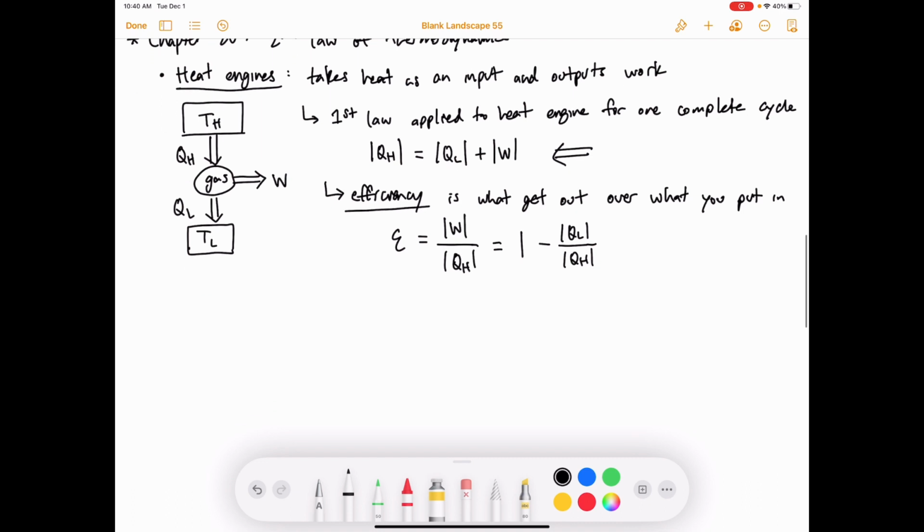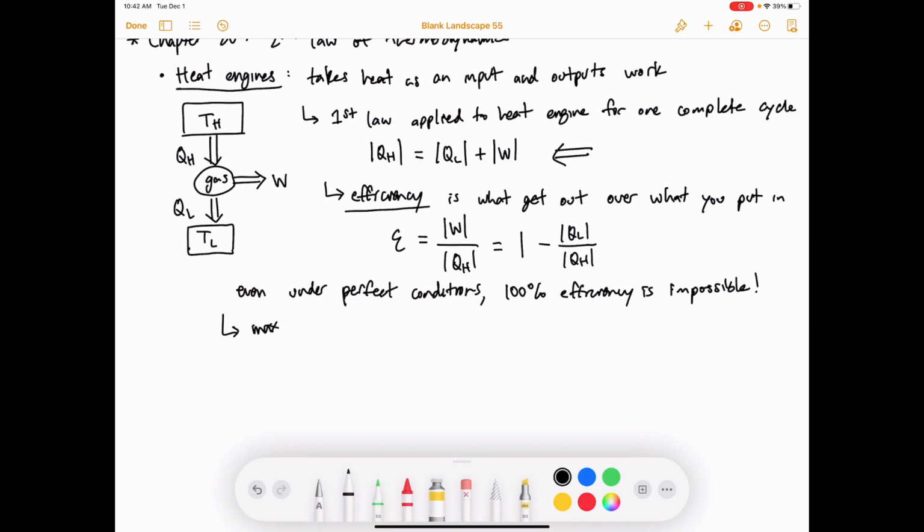But here's the thing. Even under perfect conditions, among which we assume things like no friction, 100% efficiency is impossible. So the maximum possible efficiency of any engine is not 100%.